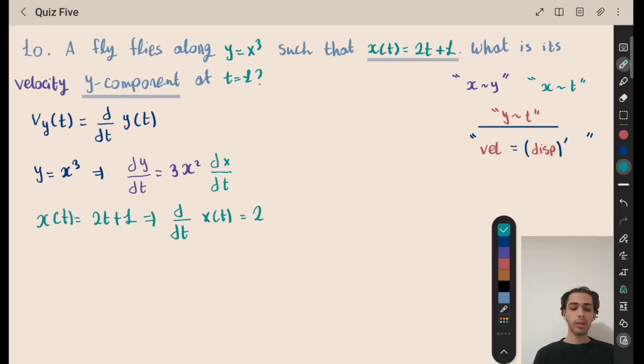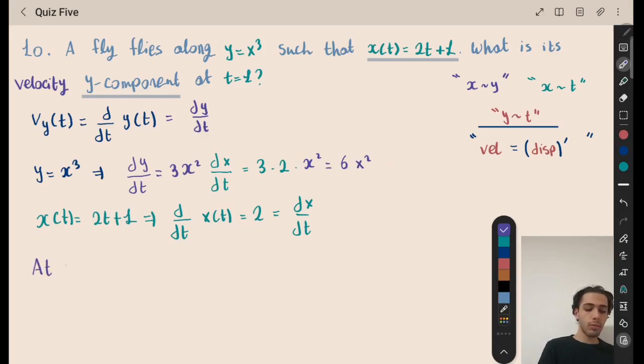Okay, then dx/dt is 2. Then dy/dt, which is also d/dt of y, is going to be equal to 3 times 2 times x squared. So 6x squared.